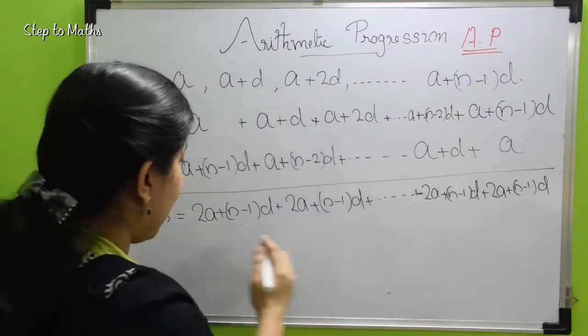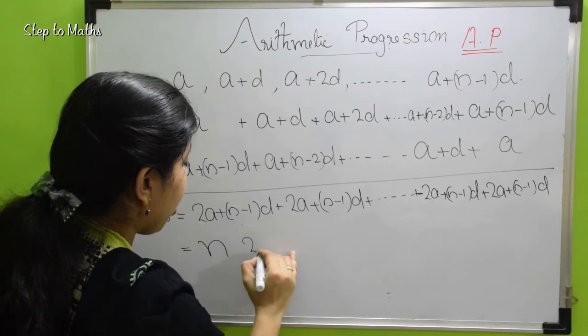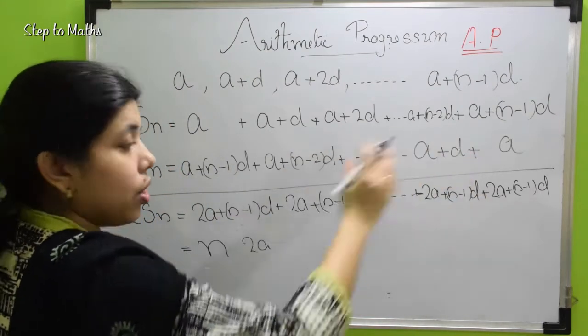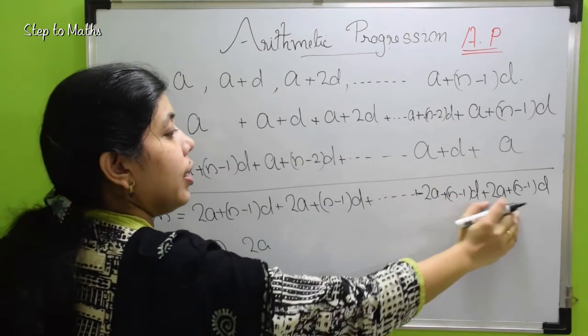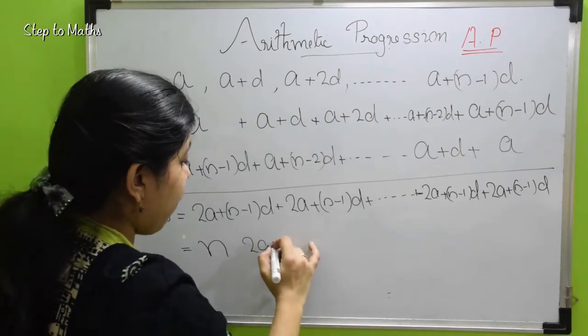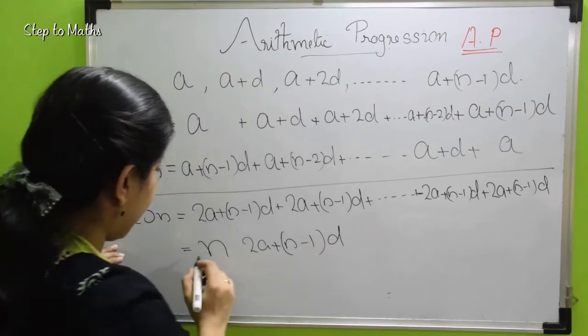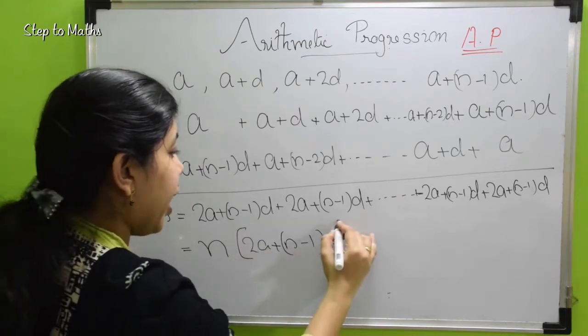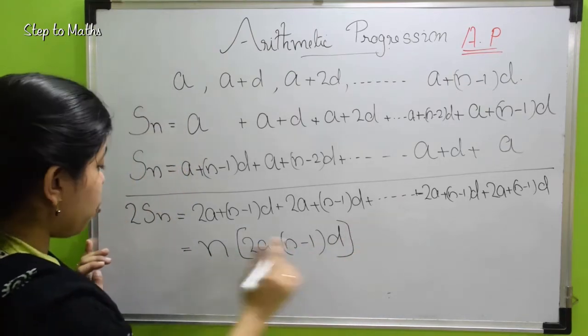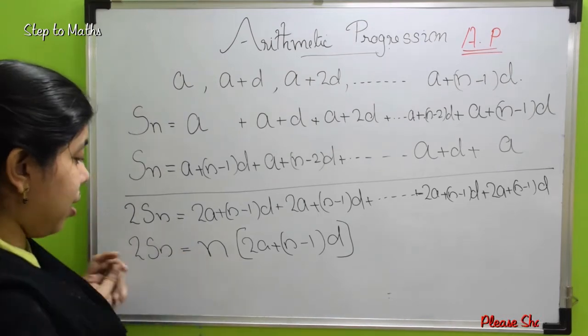That means the right hand side has n terms; these terms are repeated n times. So n times 2a plus n minus 1 into d. The left hand side is 2Sn.